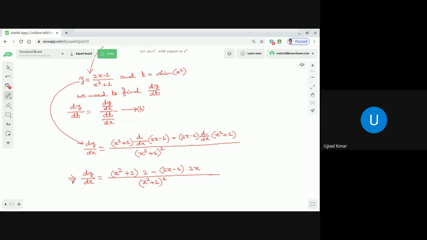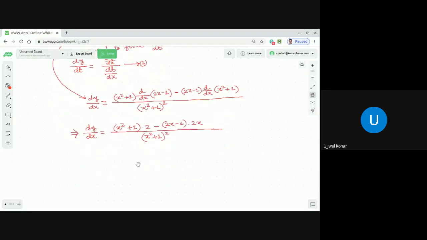So what I'm saying is that from here you can find the value of dy/dx equal to 2 plus 2x minus 2x square, divided by x square plus 1 whole square. Clear or not clear?